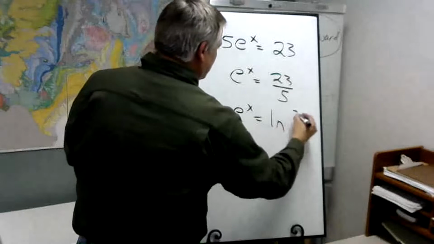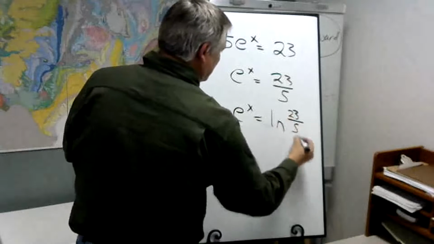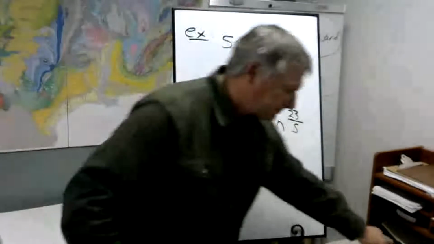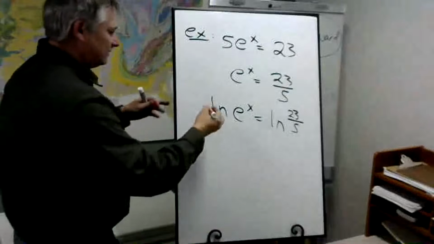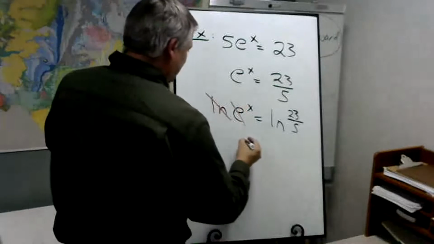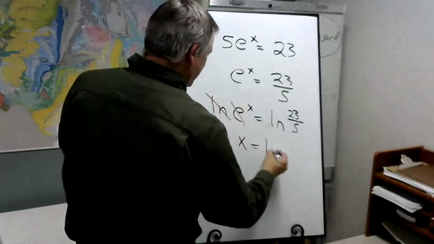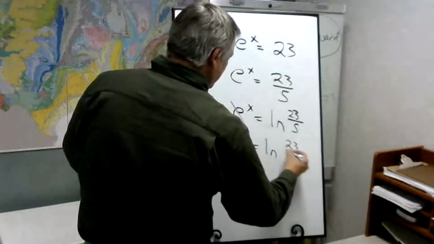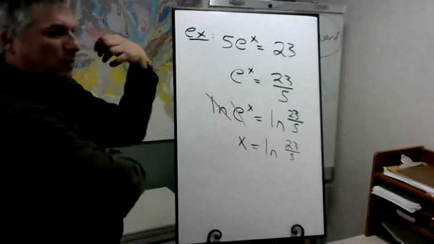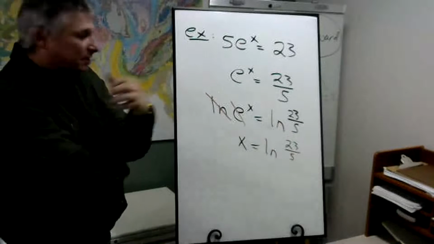Take the natural log on both sides. And so that cancels. We get x is natural log 23 over 5. And again, you would want to check this, and it does check, it does work.